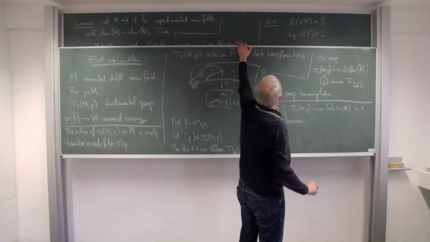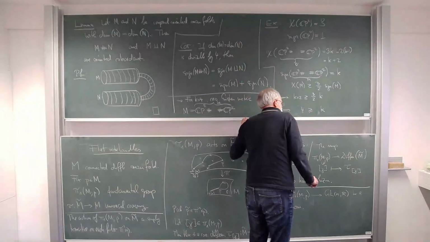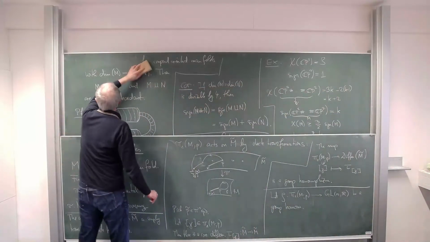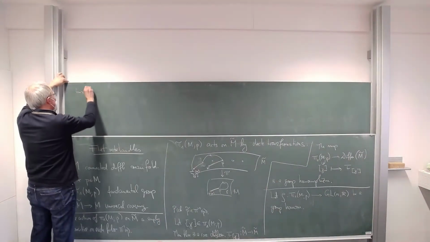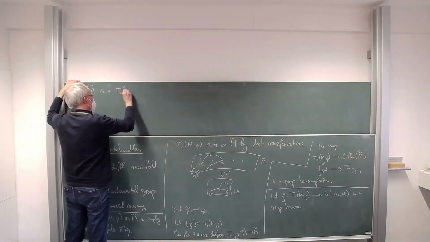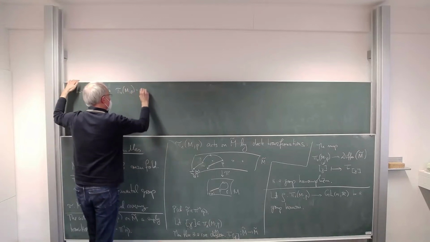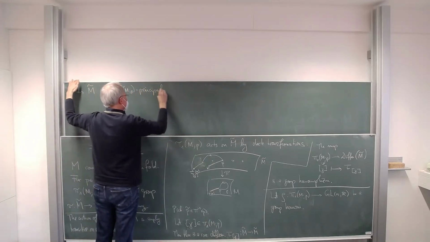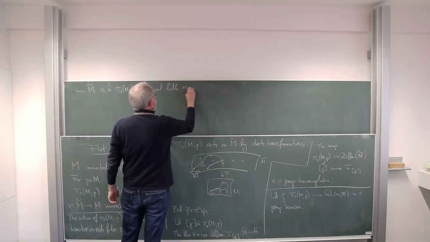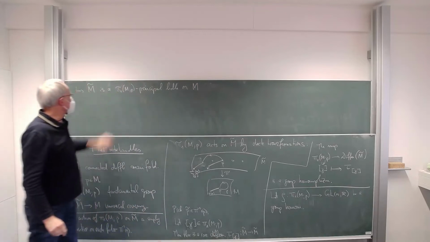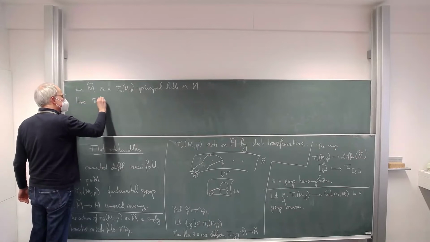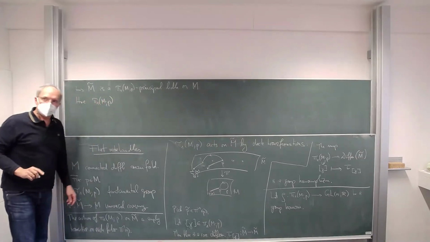So I'd like to note that M tilde is a pi1 M principal bundle on M. And here this group is considered as a zero-dimensional Lie group.